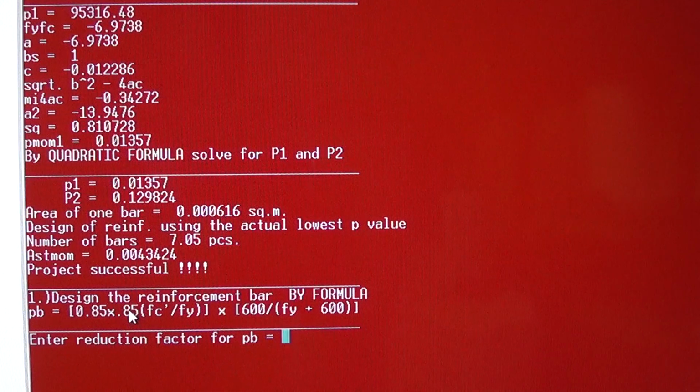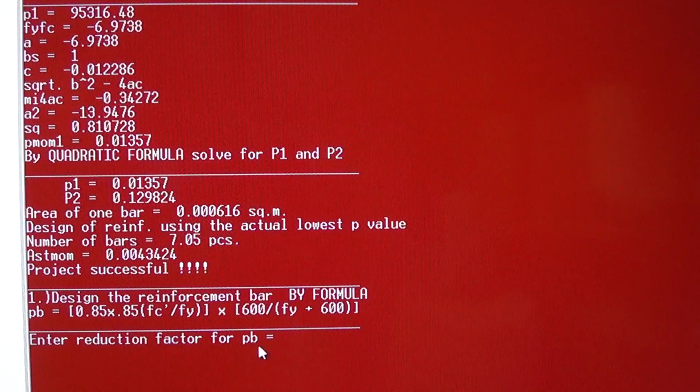Where this is coming from is because of whatever strength you use for your concrete. When the concrete strength is more than 25 MPa, you use 0.85.